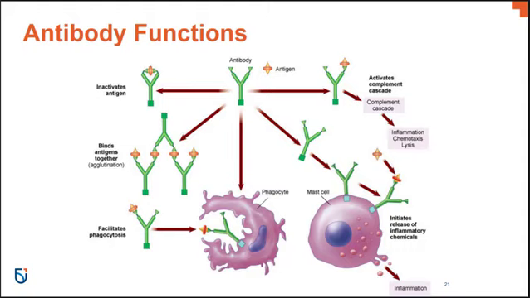We learned earlier that mast cells are involved in the inflammatory response. Antibodies become attached to them, so here's the mast cell. An antibody can become attached to that mast cell and followed then by the antigens, which will initiate a release of inflammatory chemicals.